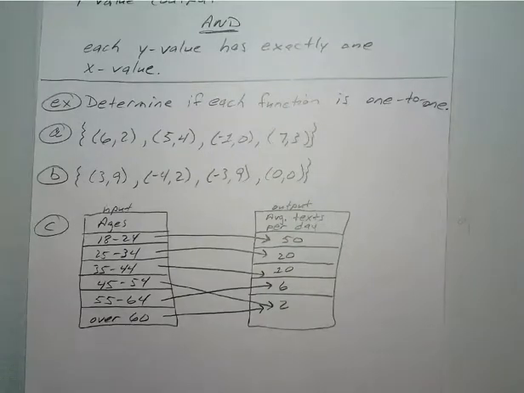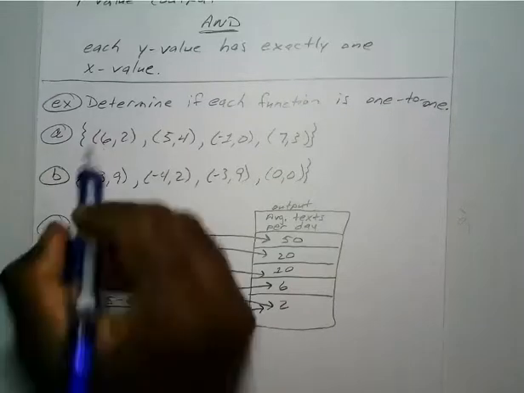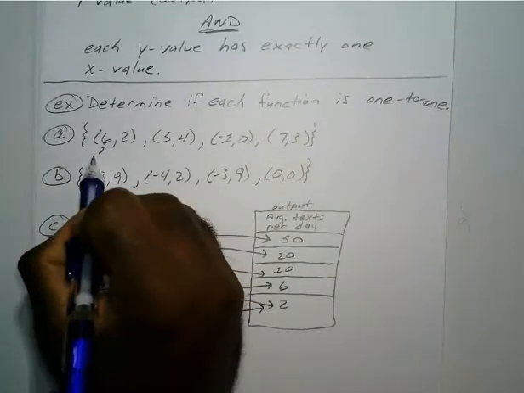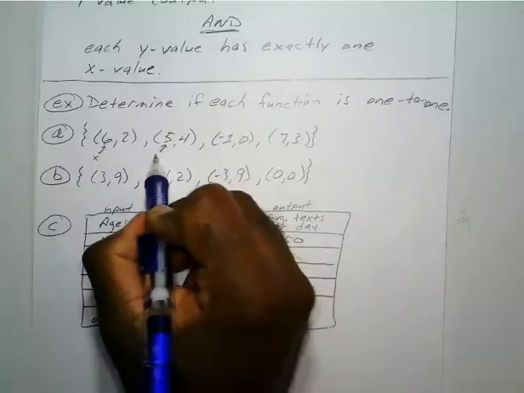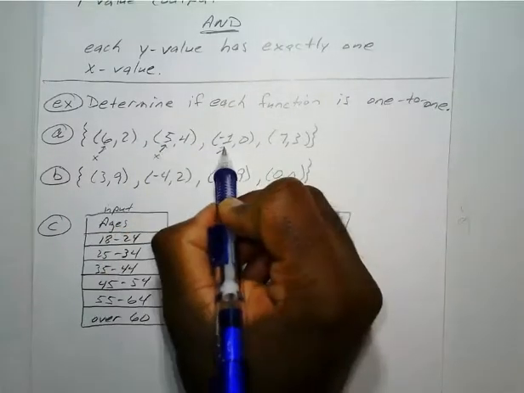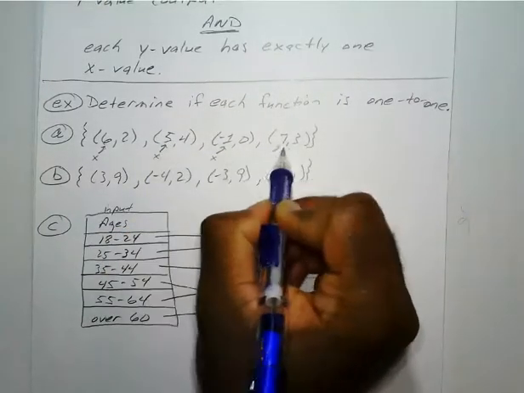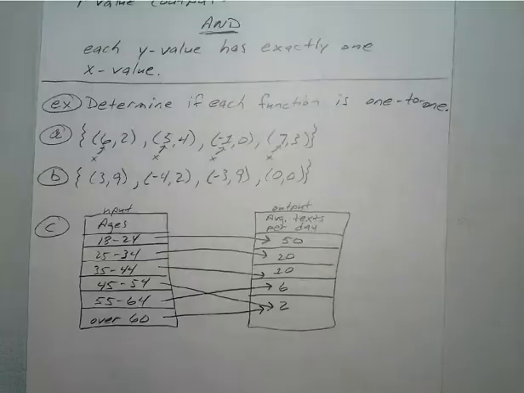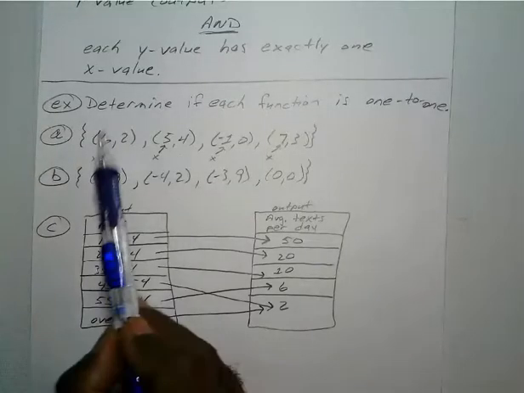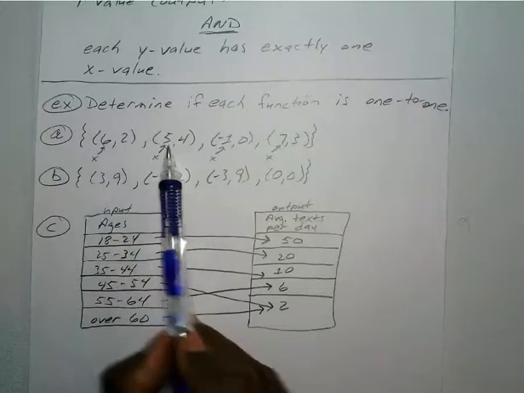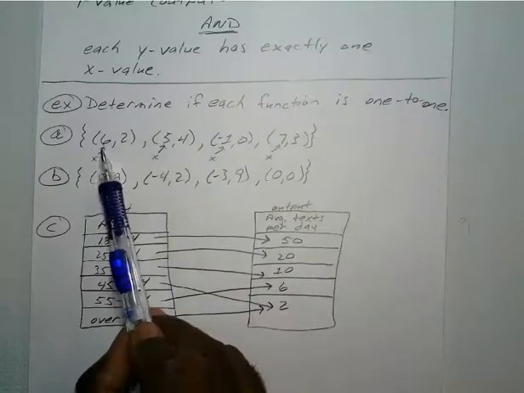Okay, so first let's look at all the x values for A. Okay, so x equals 6. You don't see x equals 6 have any different y values, so you're good. X equals 5.